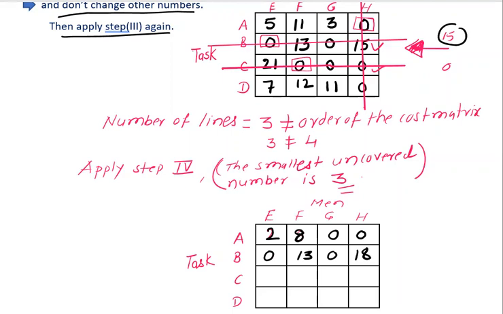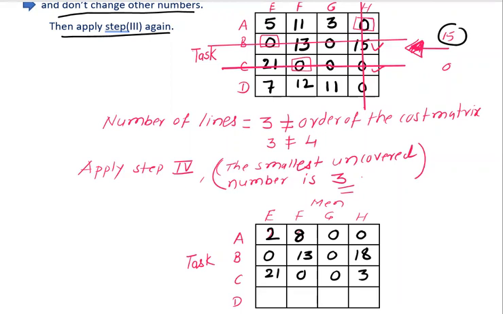Third row, 21, 0, these are the numbers on the line, do not change these numbers. 0 is on the intersection, so we have to add: 0 plus 3 is 3. And 7, 12, 11 are uncovered, so we have to subtract 3 from the uncovered numbers.